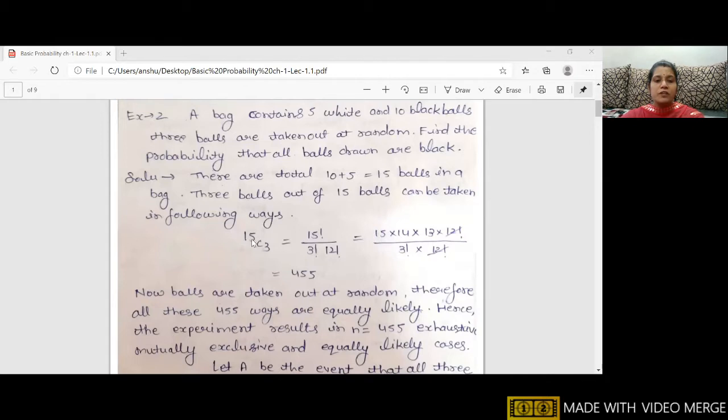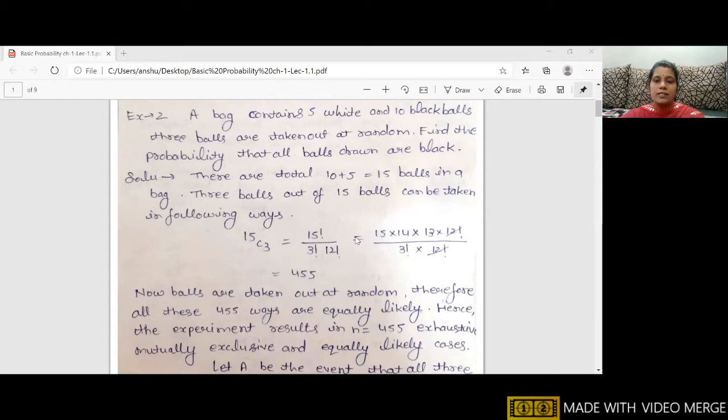What is the combination 15C3? The formula for nCr is factorial n upon factorial r into factorial n minus r. So here we write factorial 15, factorial 3 and factorial n minus r, that means 15 minus 3 is equal to factorial 12.